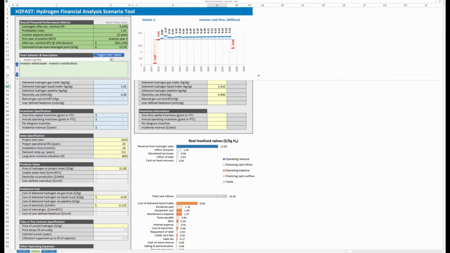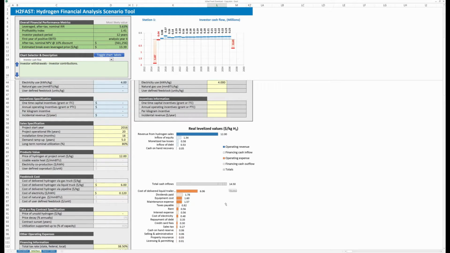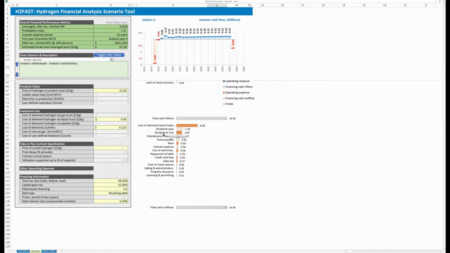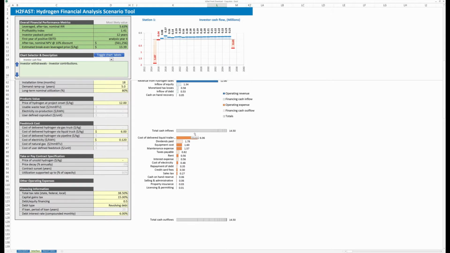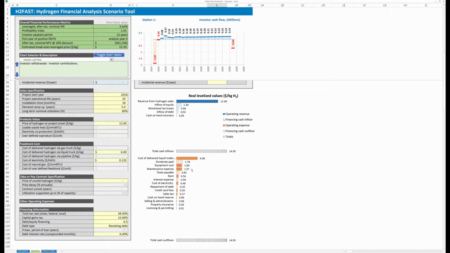Just to prove to yourself, if I put in 1 kilogram per kilogram of hydrogen dispensed, you'll see that the chart automatically tells you that you pay $6 for delivered hydrogen. So let's leave it at 1.01. We'll see equipment costs add up, their contribution is $1.60 per kilogram. Maintenance is $1.57, and so on and so forth.